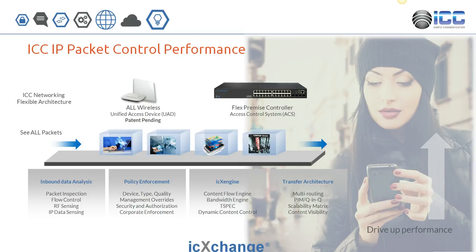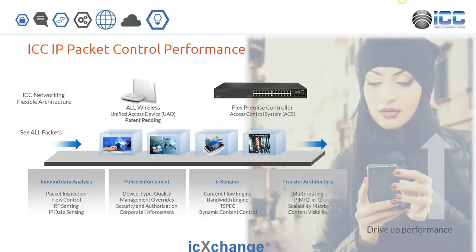So as we said, with the ICC packet control system on both systems, all wireless or premise control, we're able to see all packets, whether or not there are a variety of feature sets used to actually see those packets. So there is packet inspection, flow control, RF sensing, different IP data sensing capabilities, policy enforcement from different types of devices, quality management, different types of segmentation of the physical network, validation of security and authentication from a corporate enforcement perspective.